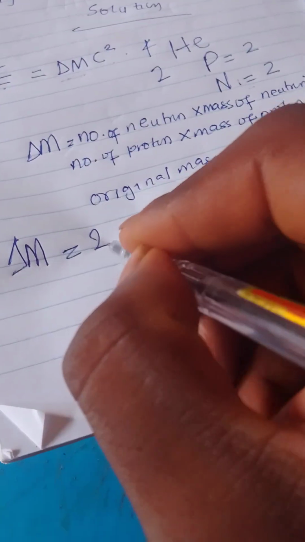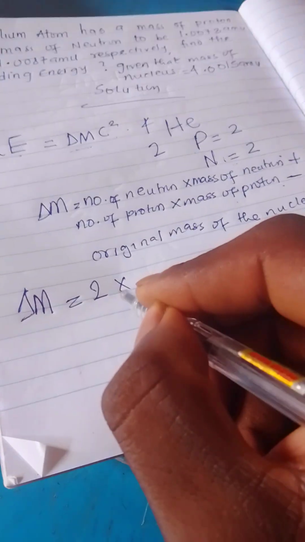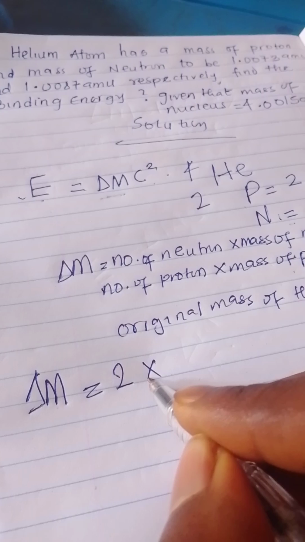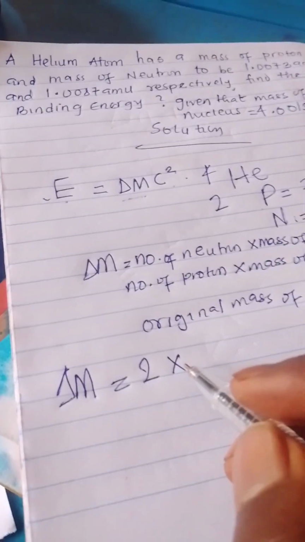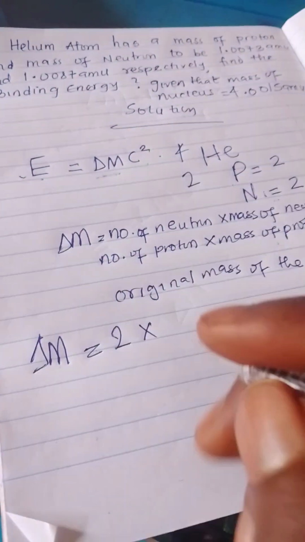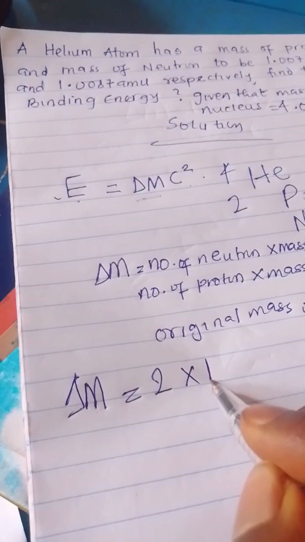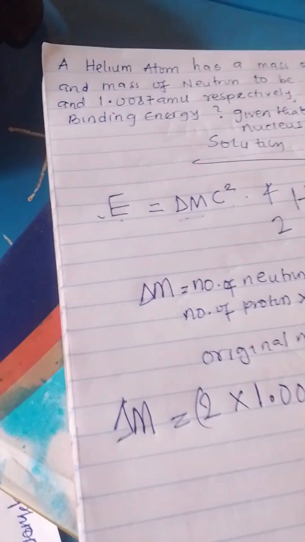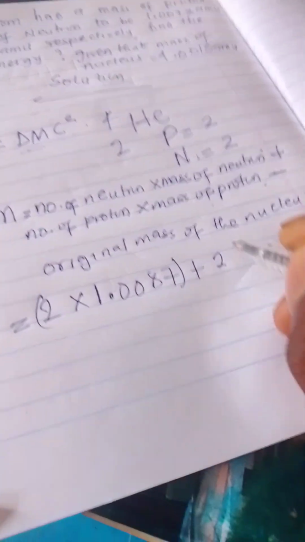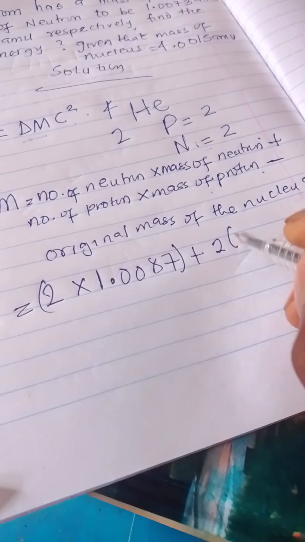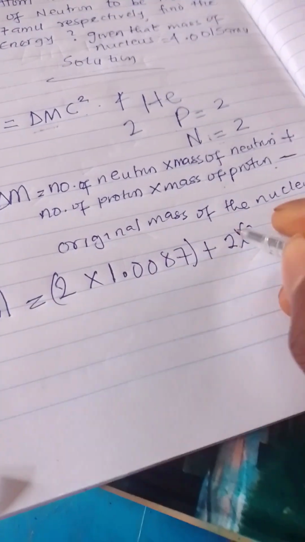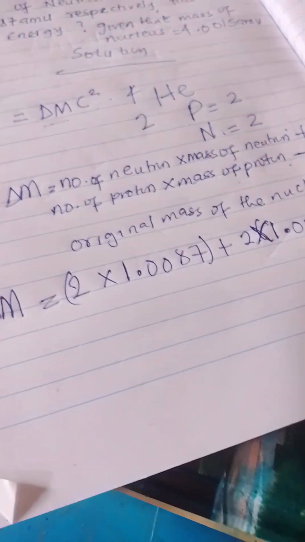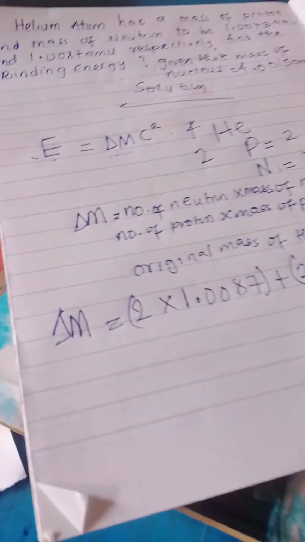That means 2 multiplied by the mass of the neutron they give us. Because they mentioned the mass of proton first, the second one is the mass of the neutron, 1.0087. Now plus 2 times 1.0073, that's the mass of the proton.